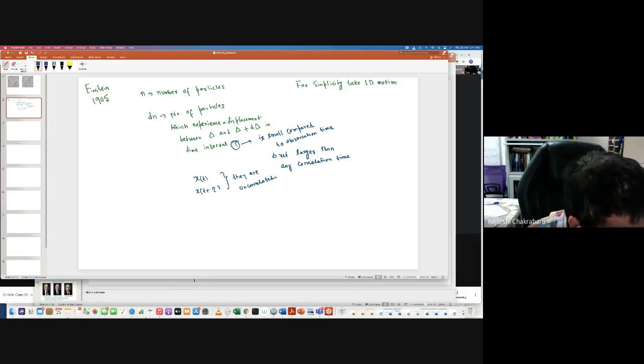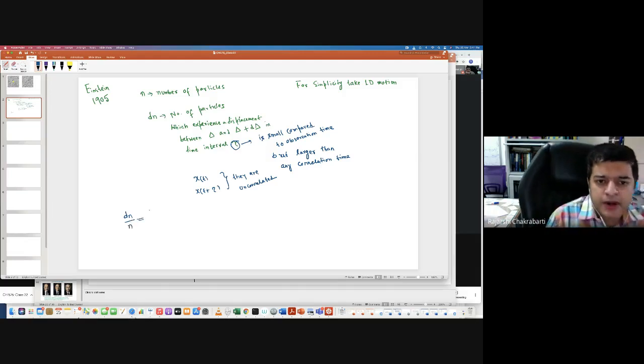So if that is the case, then I can always write this ratio dn by n. dn is the number of particles which experience a displacement between delta and delta plus d delta in this time interval tau.